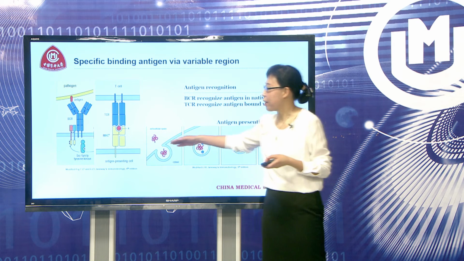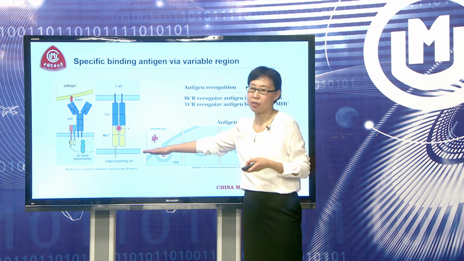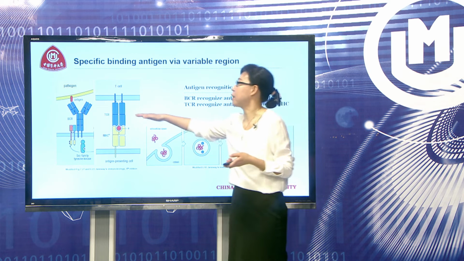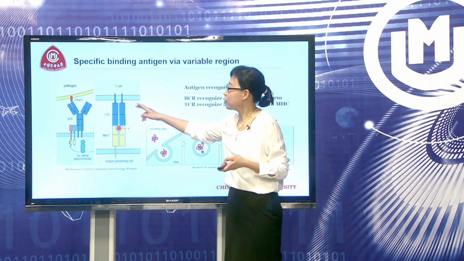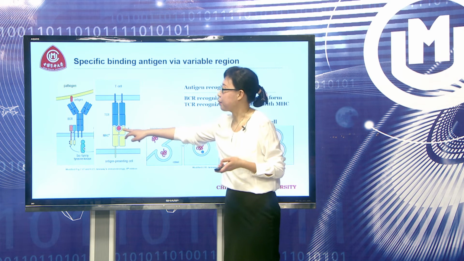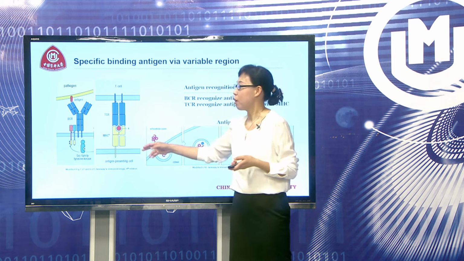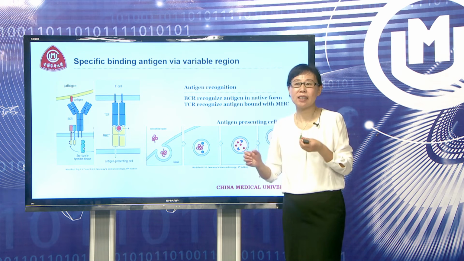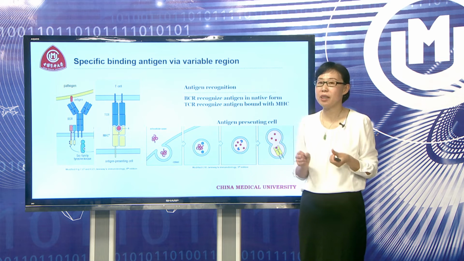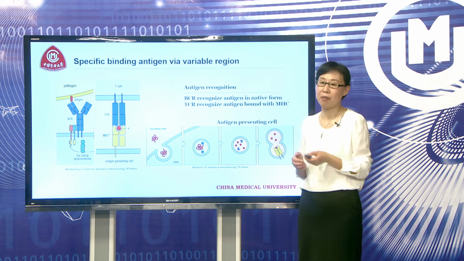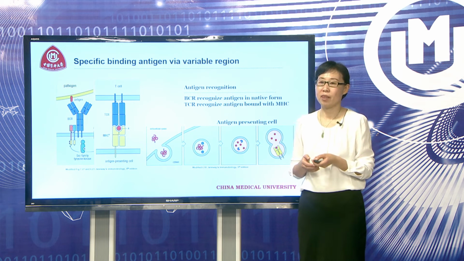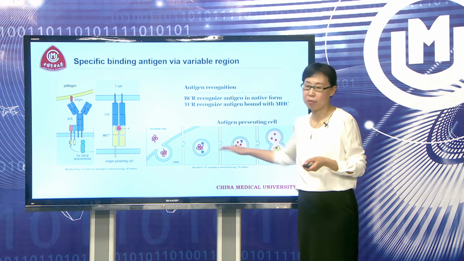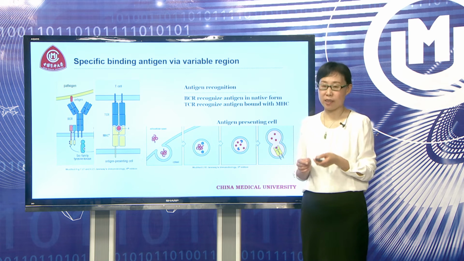They express this complex on the surface for recognition by the TCR. So T cells can only recognize antigen presented by MHC molecules. This is the difference between BCR and TCR recognition, and we will talk about this step in detail in the following sections.